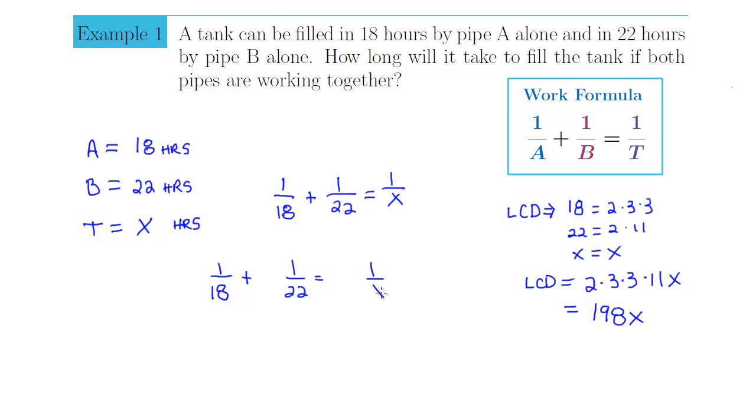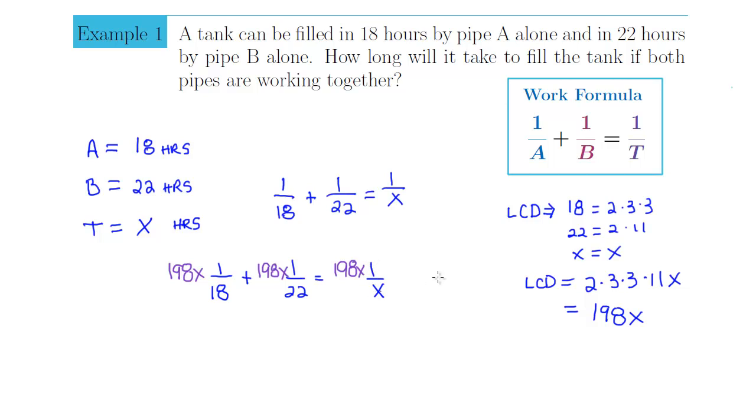And I will restate again that when we have a rational equation, one of the easiest ways to solve is to take our LCD and multiply it through times each term in our equation. So that means we'll take 198x and multiply it times 1 over 18, 198x times 1 over 22, and 198x times 1 over x.